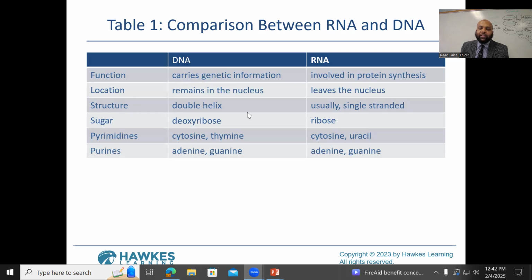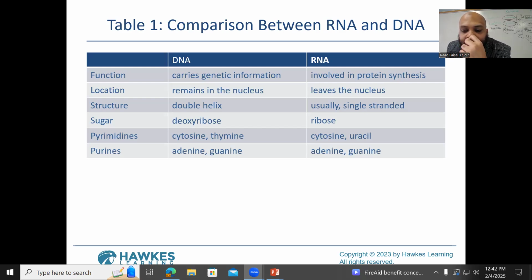The location of the DNA is in the nucleus, while the location of the RNA is outside the nucleus in the cytoplasm. The DNA is a double helix, and the RNA is usually single-stranded. The DNA has a sugar that is deoxyribose, and the RNA has a ribose sugar.